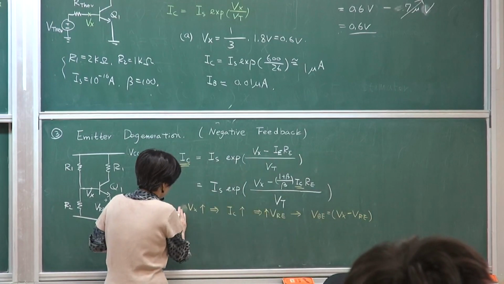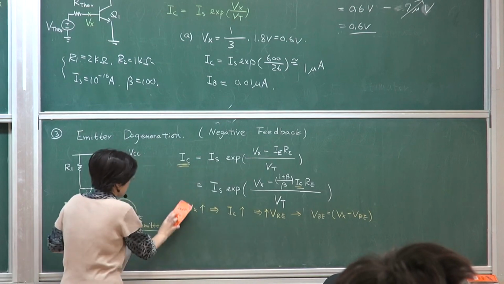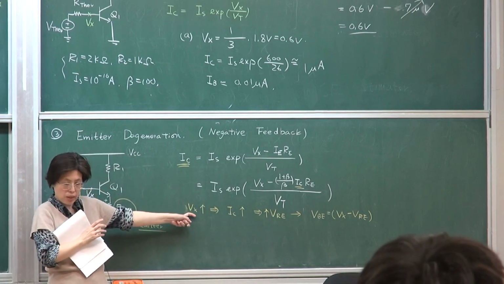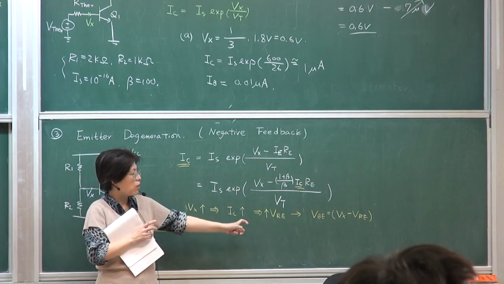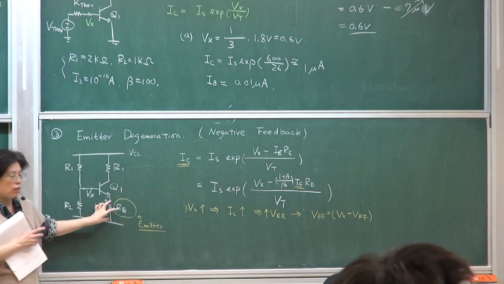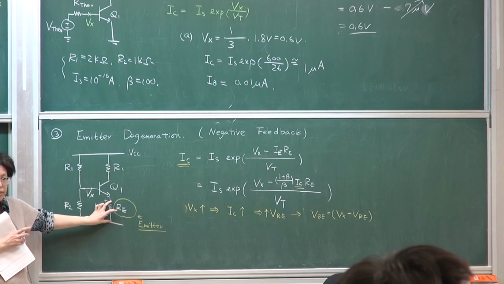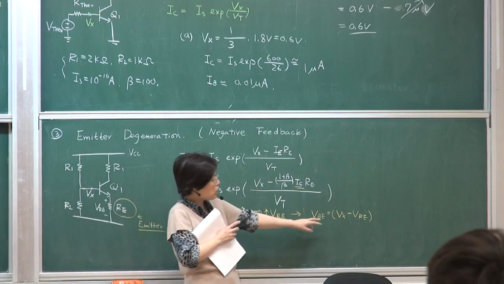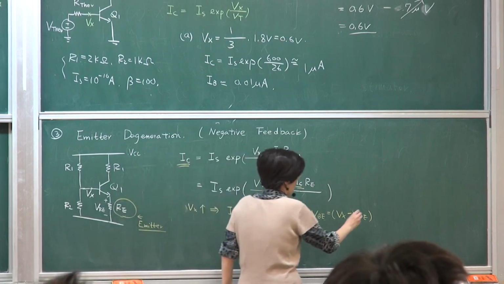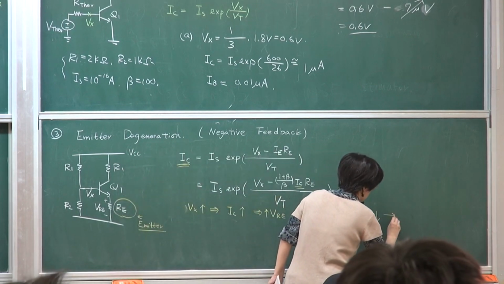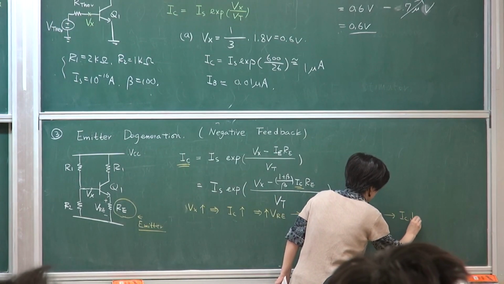Right? So if you expect your current to increase, then this will follow. There will be a slight increase across the resistor, which would then reduce the increase in VBE. Therefore, it would then limit IC.